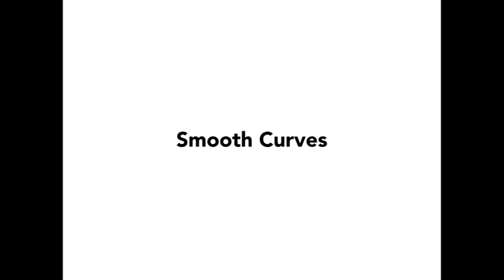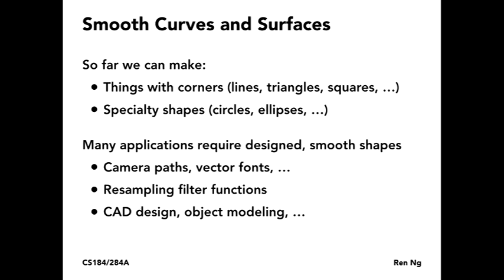So let's start to get into some specifics. For today, we're going to talk about explicit representations, specifically not the polygon meshes we've been talking about, but smooth representations. So far, up to this point, we can make things with corners, okay? We've done straight lines, line segments, triangles, squares, things like that.